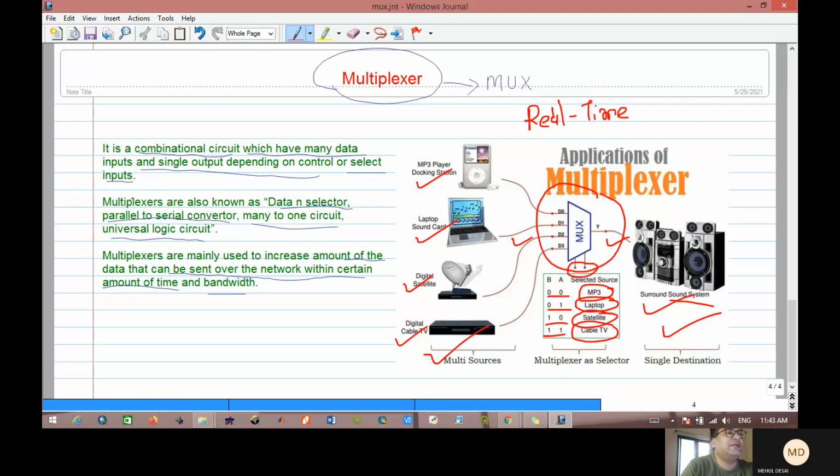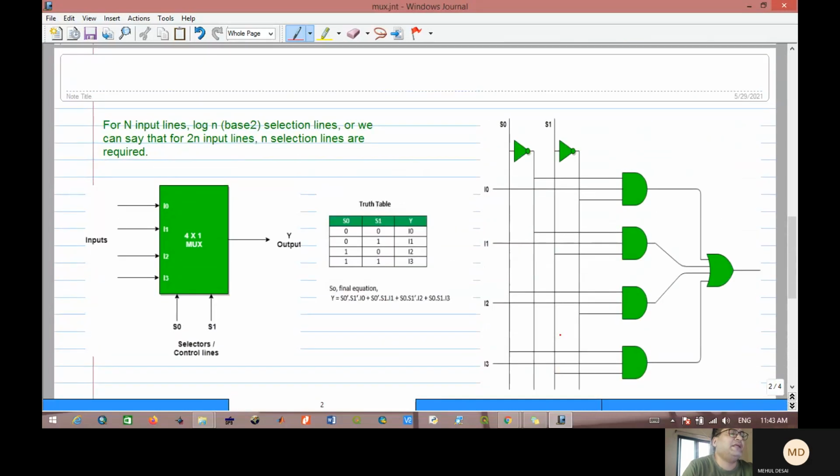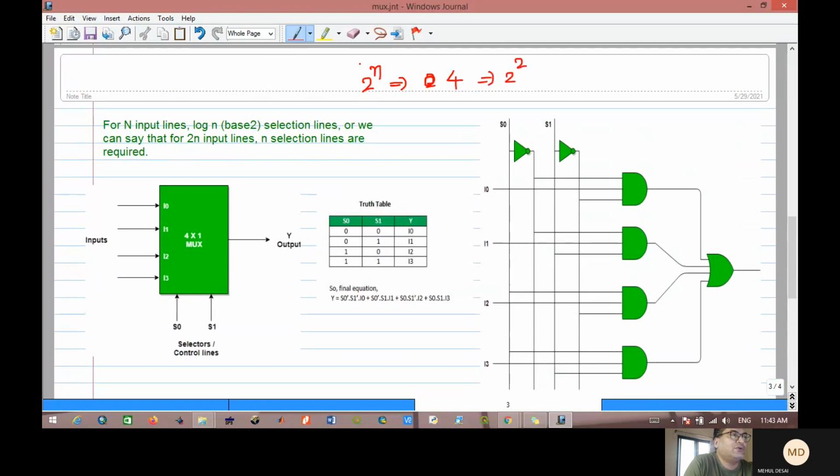Now, what is the circuit behind this multiplexer? To develop any multiplexer circuit, the number of inputs depends on 2 raised to n. If we require 4 inputs, then 2 raised to 2 means 4. So n equal to 2, so 2 selection lines are required to select the 4 inputs.